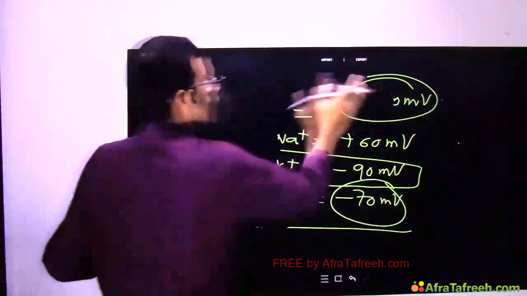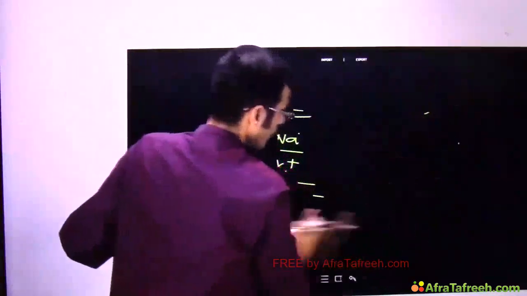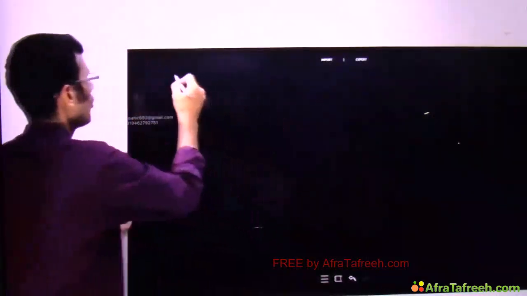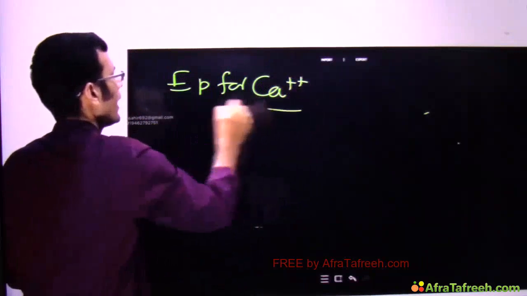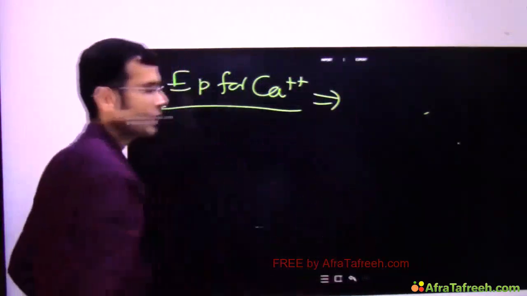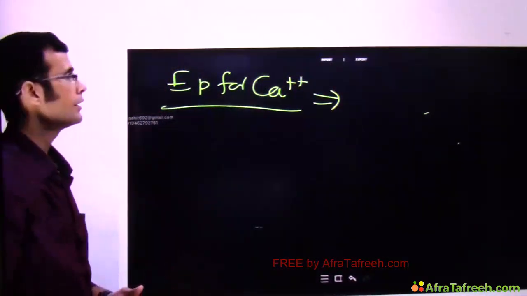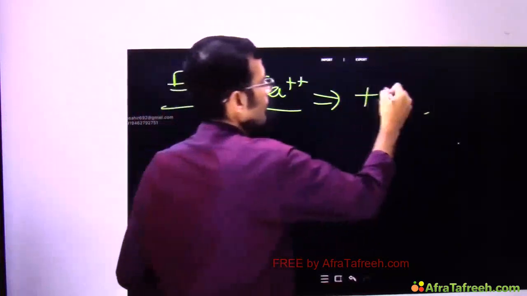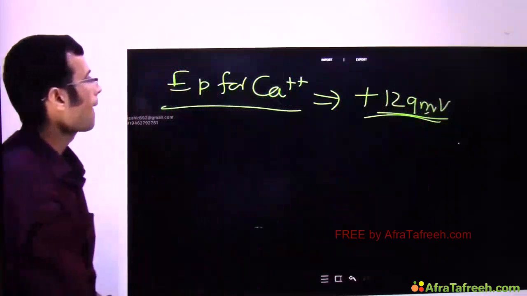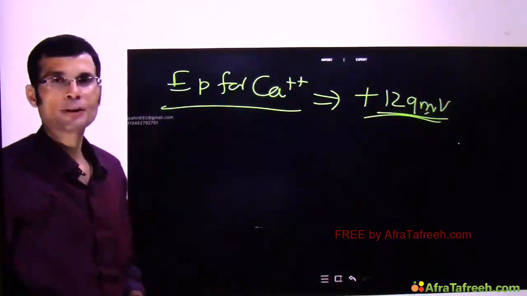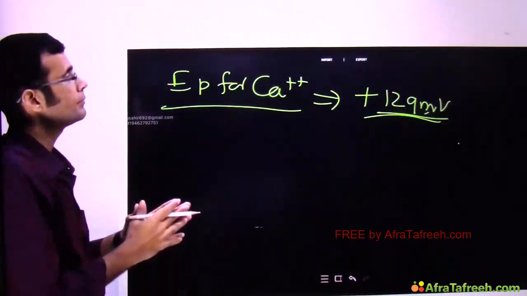Well, other ions. Equilibrium potential for calcium is highest for any ion. It is plus 129 millivolts, almost double the value of sodium, for two reasons.